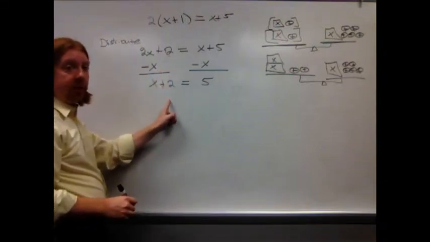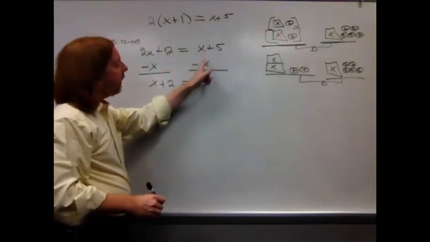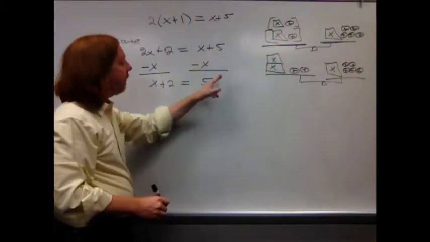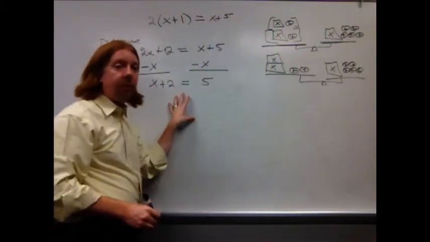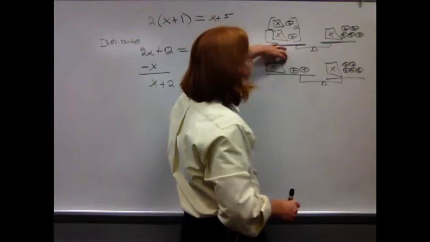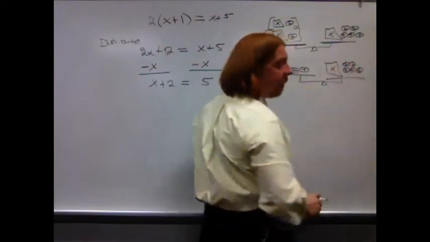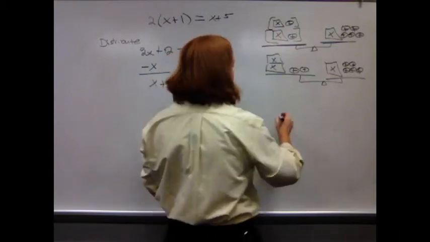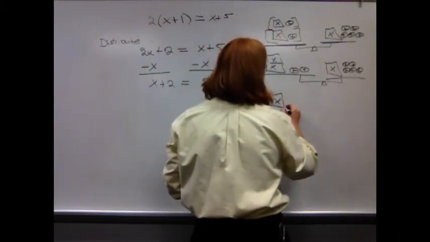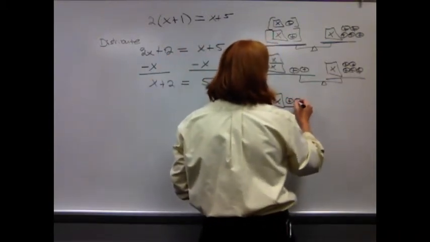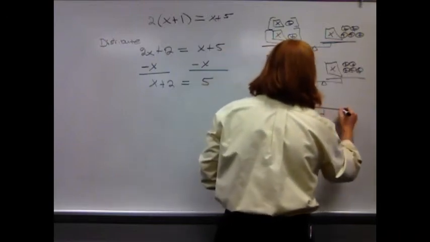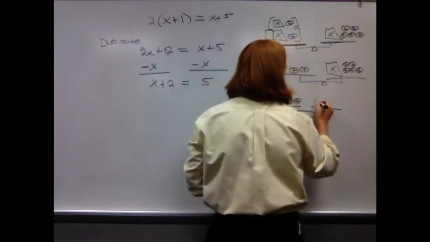Nothing changed the 2. The x minus x disappear, and the 5 comes down. If I were to draw this, it's like saying I'm going to take this box off here, and to keep it balanced, I'll take this box off here. The result, I have a box and 2 tokens, balanced with 5 tokens.